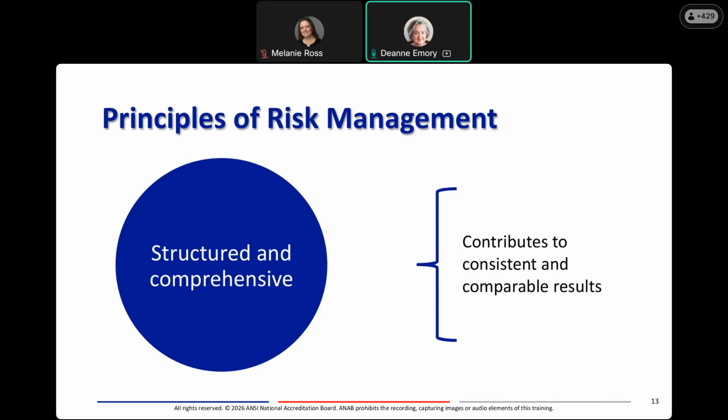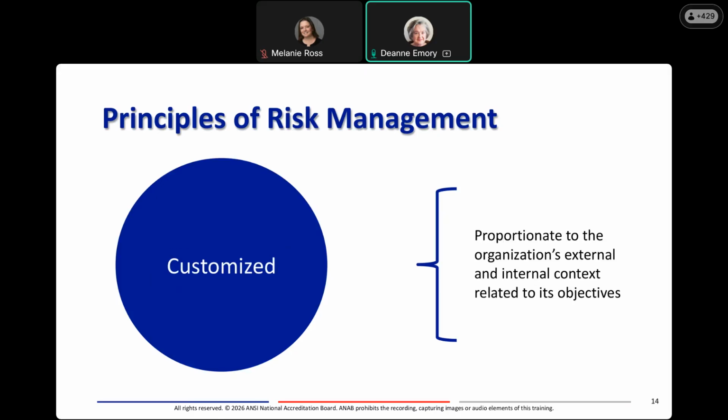A structured and comprehensive approach to risk management contributes to consistent and comparable results. For a laboratory, this is one more tool in its arsenal for assuring the validity of their results. For a manufacturing facility, it can assist in assuring minimal rejections and reworks.